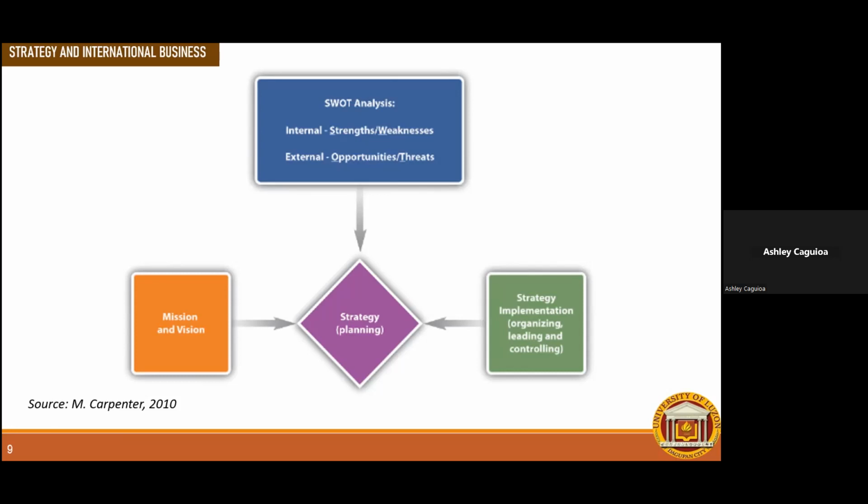A strategy is formulated into a strategic plan. This plan should allow for the achievement of the mission and vision. Taking SWOT analysis into consideration, the firm's management then determines how to strategize well.